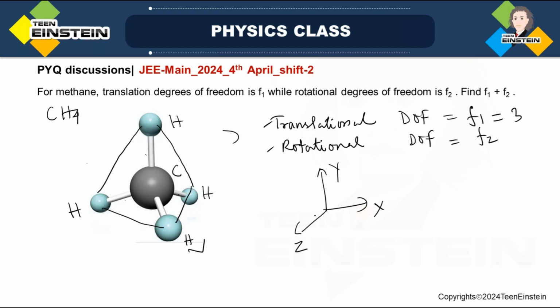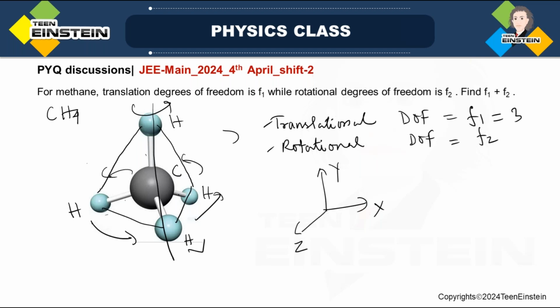What about rotational degrees of freedom? See, rotational degrees of freedom depends on how many rotational axes it can have. That means in which way it can rotate. See, it can actually rotate in this way. If I just have rotational axis like this, then I can rotate in this horizontal plane, right? So that is one rotational degrees of freedom.